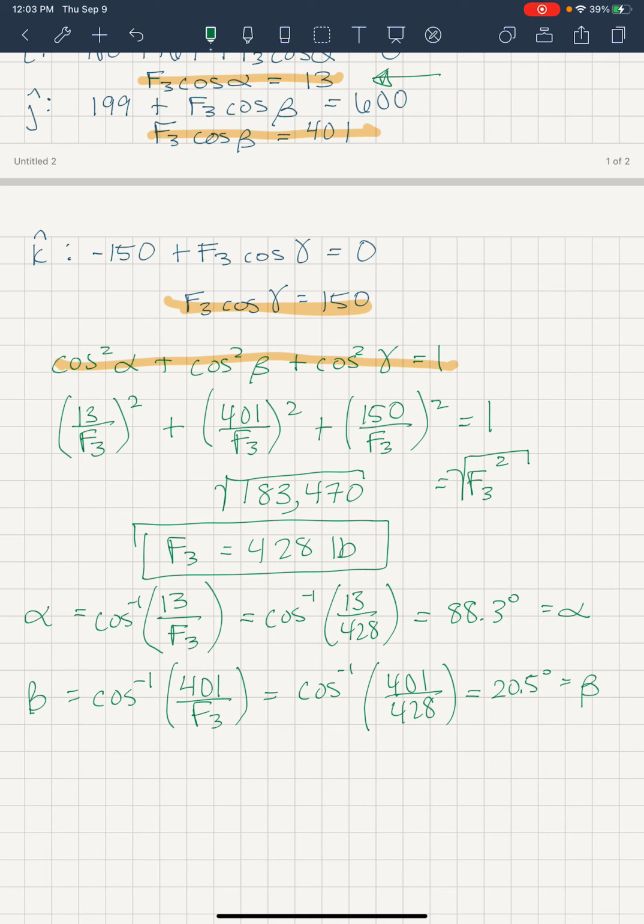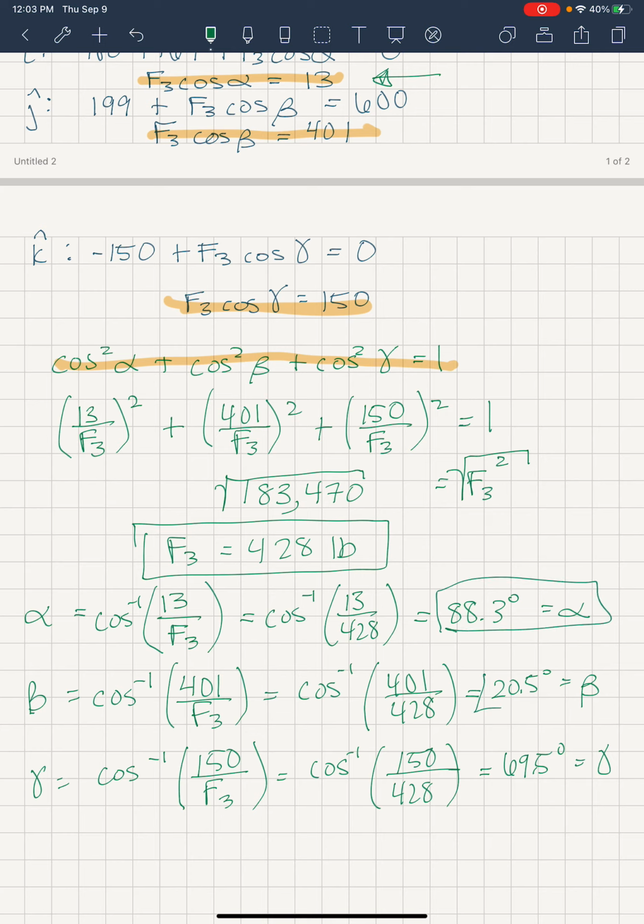And then for gamma, gamma equals the cosine inverse of 150 over F3. So cosine inverse of 150 over 428 equals 69.5 degrees, which equals gamma.